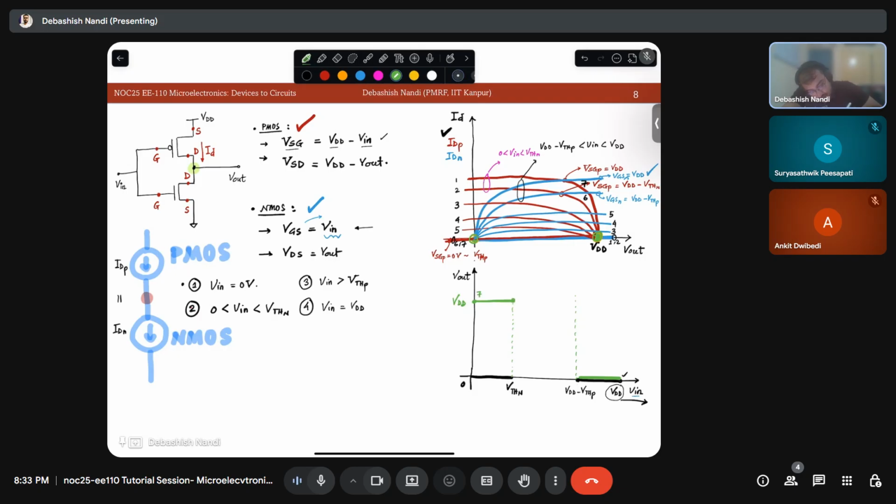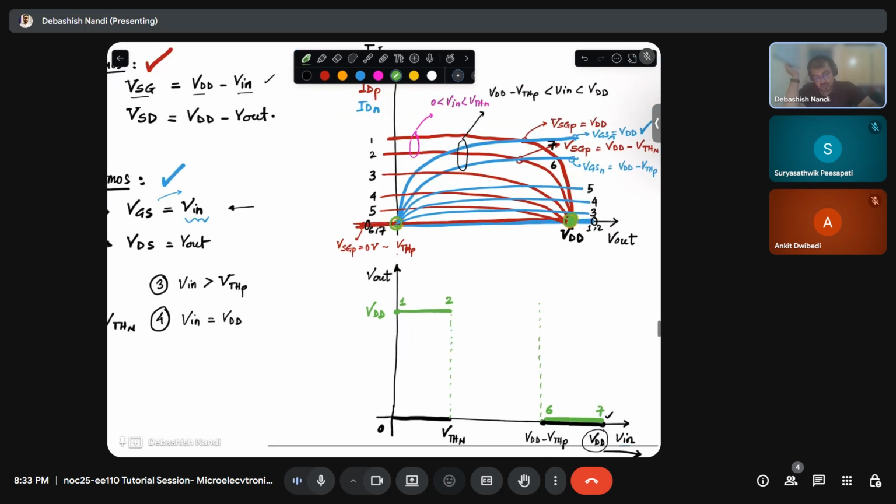This point is point number 6, this point is point number 1, and this point is point number 2. Or I have done it in the opposite way. So this is your point 1, this is your point 2, this is your point 6, and this is your point 7. Please tell me if this much is okay with you.